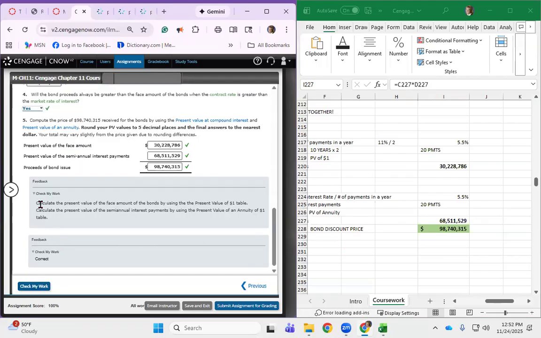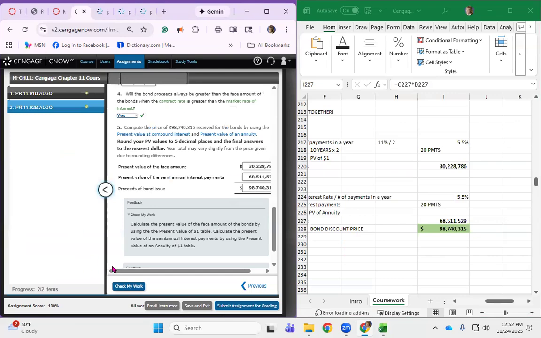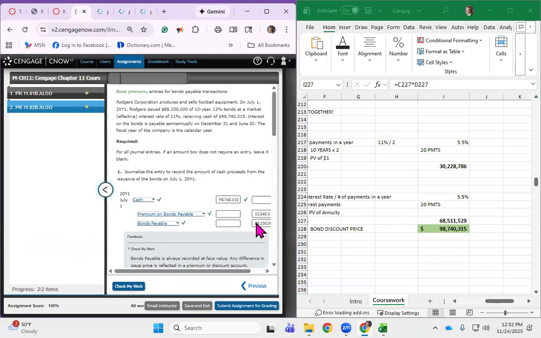Okay, so there you have it. Probably more than you'd ever want to know about a bond. I have set up a pattern of putting all that information in, figuring the interest payment, finding out how many payments, and making sure I identify the contract rate versus the market rate.